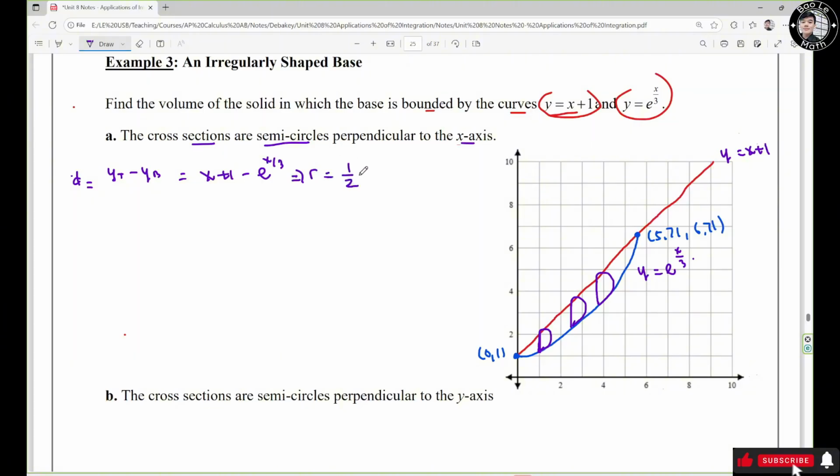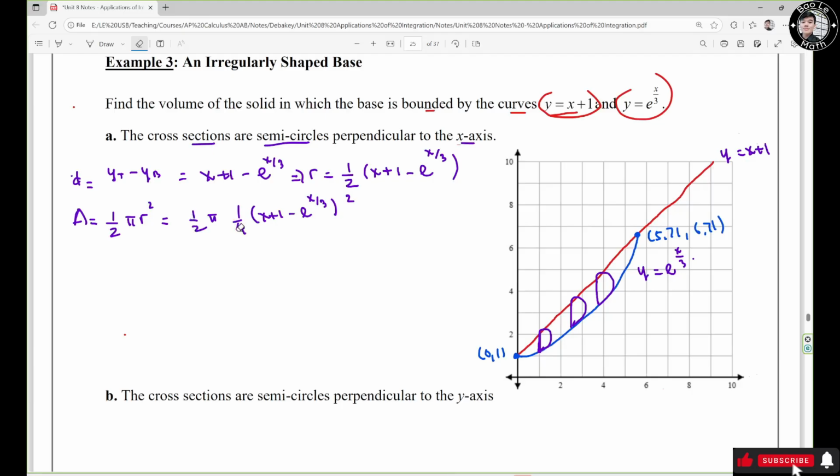So I have 1/2 times s plus 1 minus e raised to the s over 3. Now you need to find the area of the semicircle, so A equals 1/2 pi times r squared. So it could be 1/2 pi times this one squared, which is going to be 1 over 4, times s plus 1 minus e raised to the s over 3 all together squared.